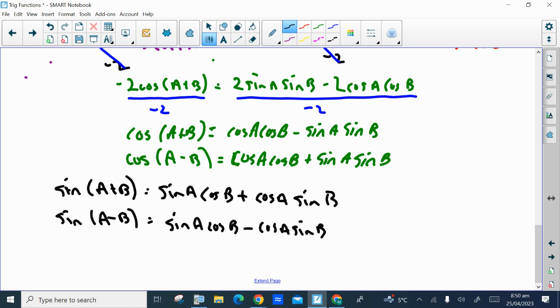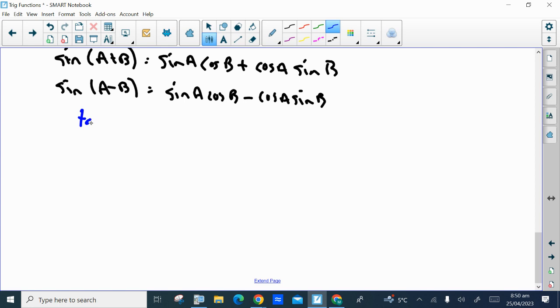And we also had sum and difference identities for tangent. The tangent of a plus b, you can find it by going the sine of a plus b over the cos of a plus b. That will work. But by using this identity, it's just a little easier to work with. That's the tan of a plus the tan of b over 1 minus tan a tan b.